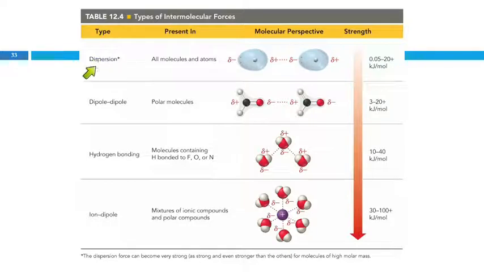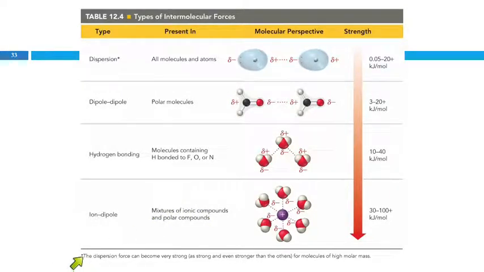Dispersion is the weakest, and they increase as we go down here. We should know what sorts of things these are present in. Everything has dispersion forces. Polar molecules have dipole-dipole forces. If we've got fluorine, oxygen, or nitrogen bonded to hydrogen, phone home, we can have hydrogen bonding. And here, mixtures of ionic compounds and polar compounds.